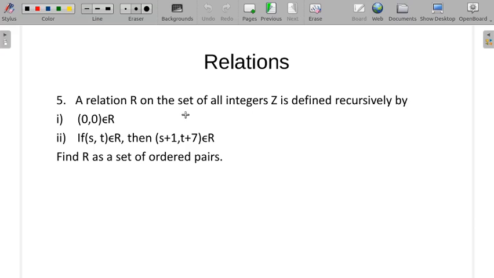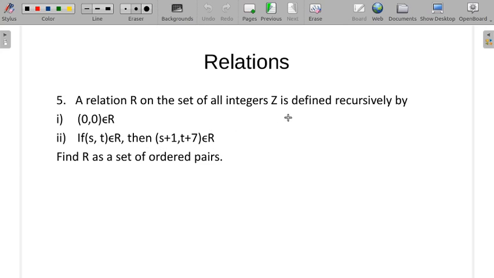So the relation R on the set of all integers Z is defined recursively by, so the basic condition, the first element is (0, 0). For later integers, if some ordered pair (s, t) belongs to R, then (s plus 1, t plus 7) belongs to R. Find the set of all ordered pairs.